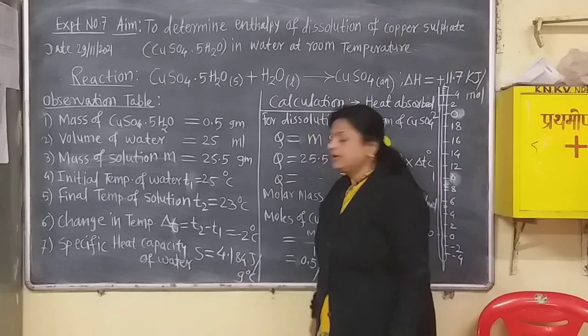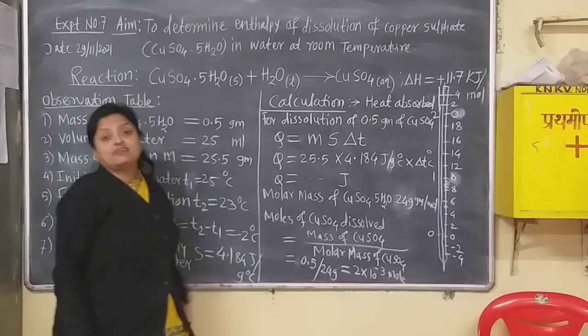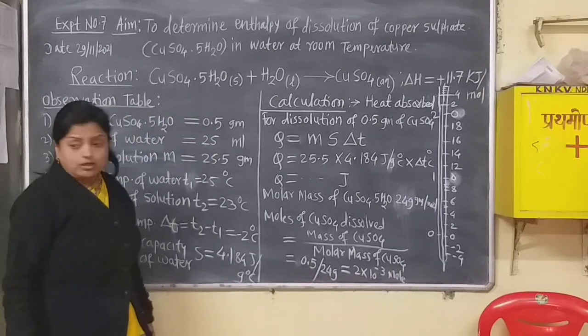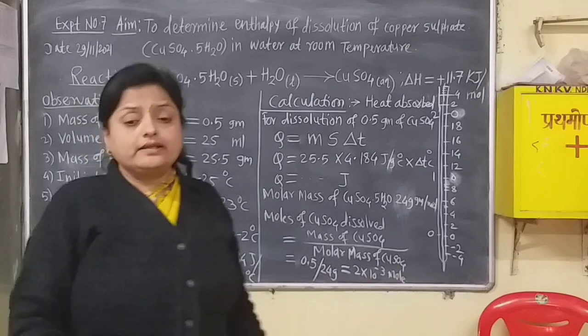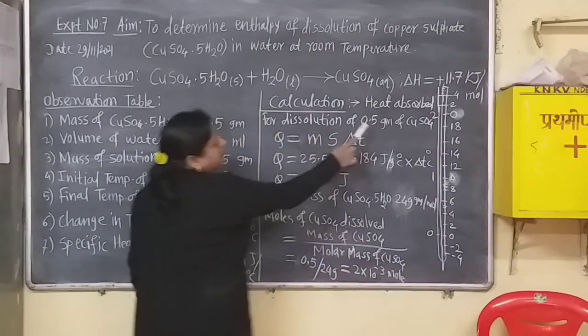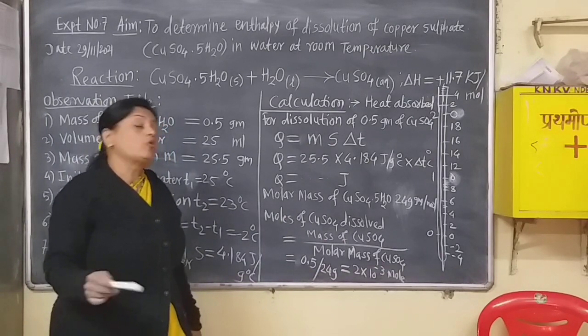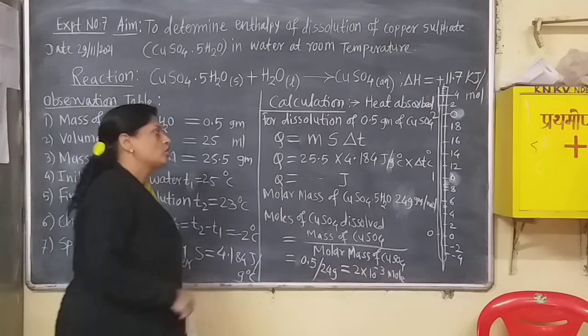per gram per degree centigrade. Now how the calculations are done is very important. Now see here, for the heat absorbed for dissolution of 0.5 gram of copper sulfate, because we take the weight of copper sulfate 0.5 gram. So what is the formula?